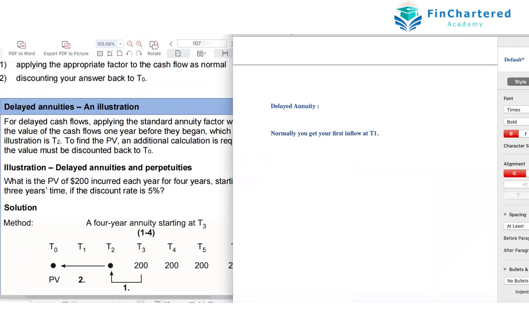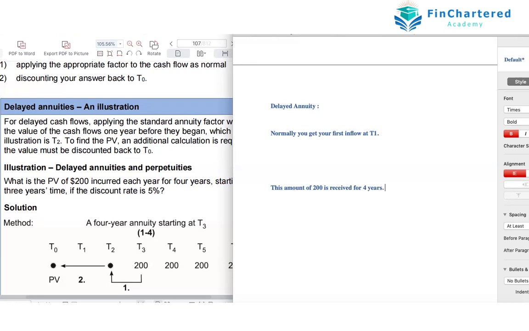So you see what is happening? This amount of 200 is received. Incurred and received are the same thing, but for the sake of uniformity I'm just saying received, for 4 years.